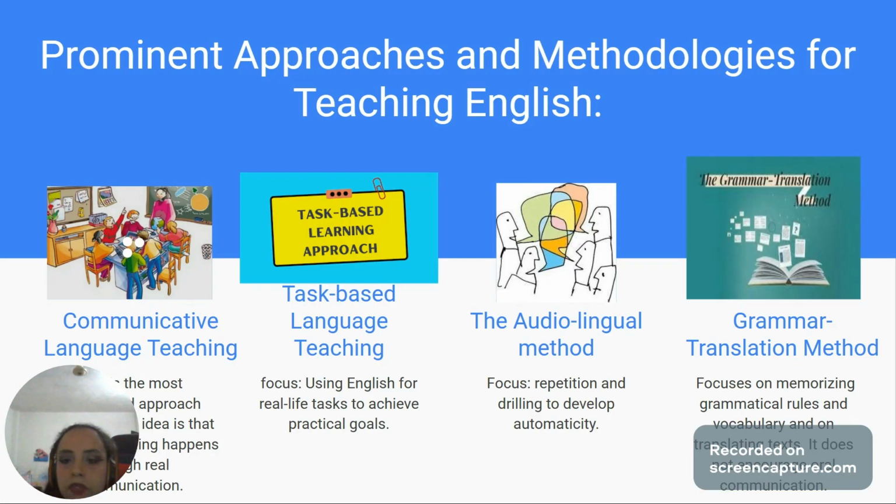Finally, which is very related to the previous one, is the grammar translation method. It focuses on memorizing grammatical rules and vocabulary and on translating texts. It doesn't encourage oral communication.